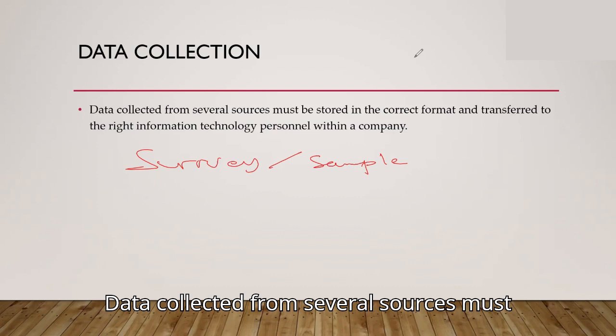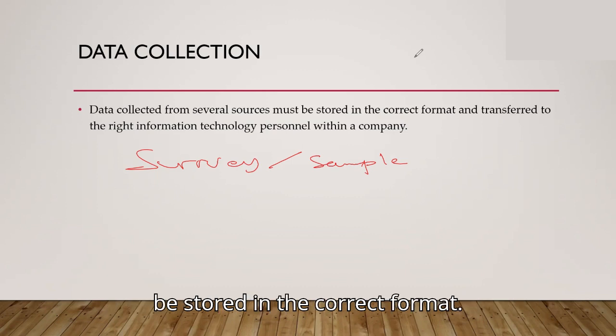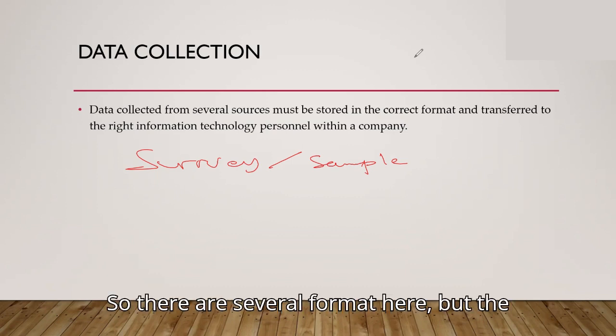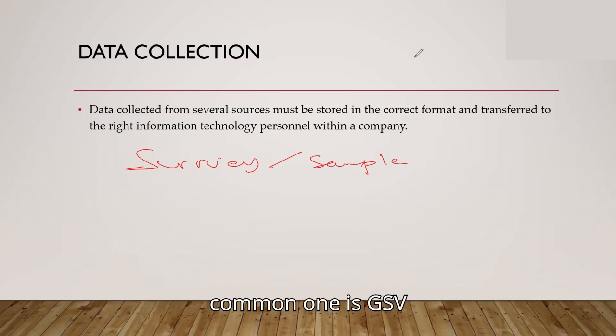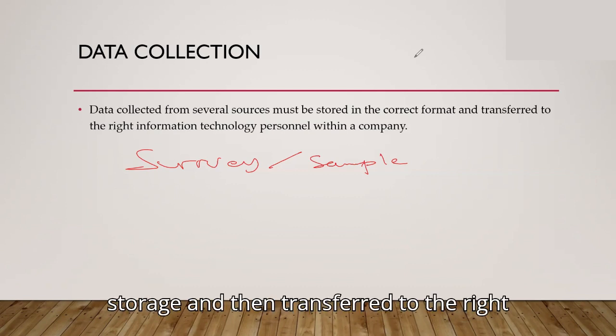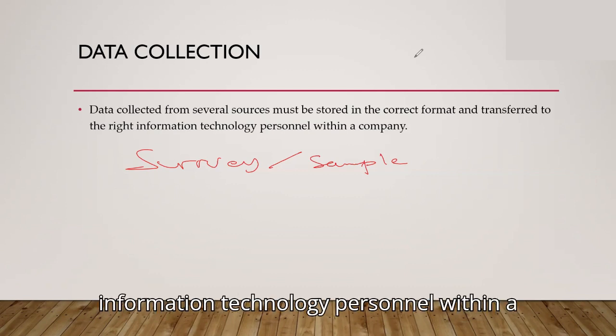Data collected from several sources must be stored in the correct format. There are several formats here, but the common one is CSV, comma separated value. So I recommend you use the .csv format for your data stored in the storage, and then transferred to the right information technology personnel within a company.